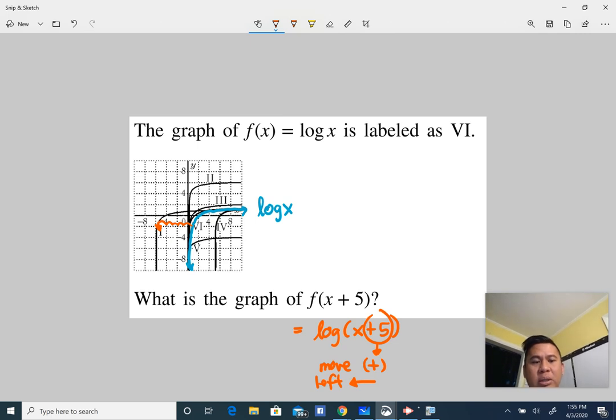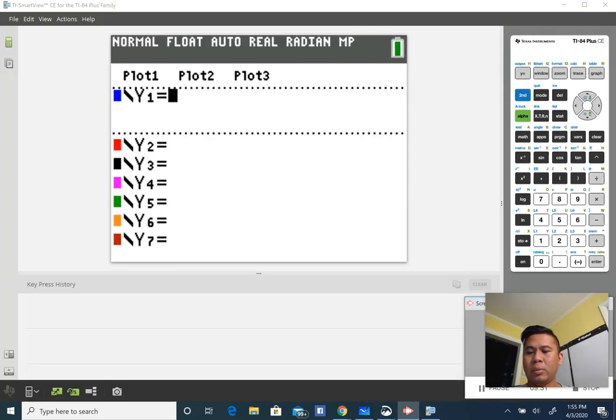So that means this particular graph that has moved left 5 units, which is number 1, is our log of x plus 5. So again, we move 5 units to the left if it's a plus 5 inside the parenthesis.